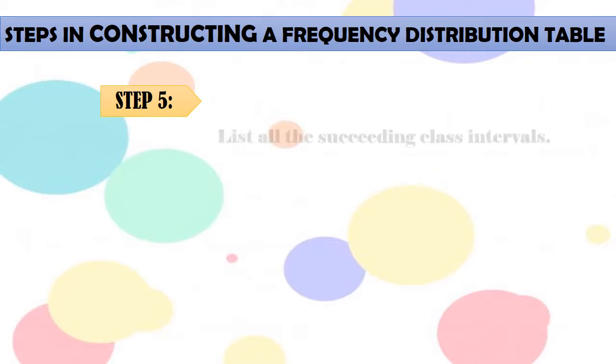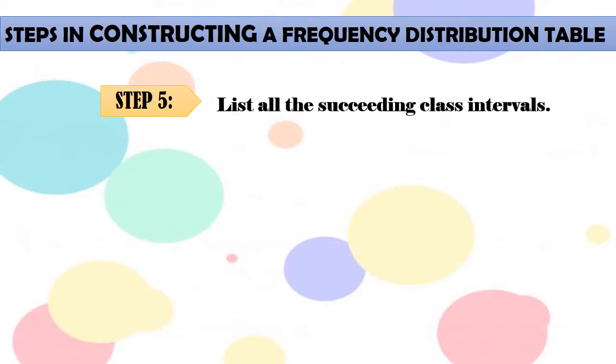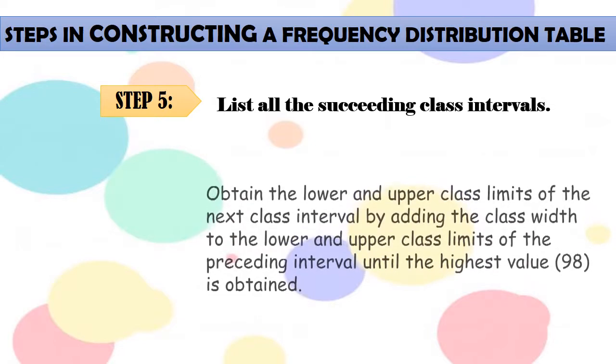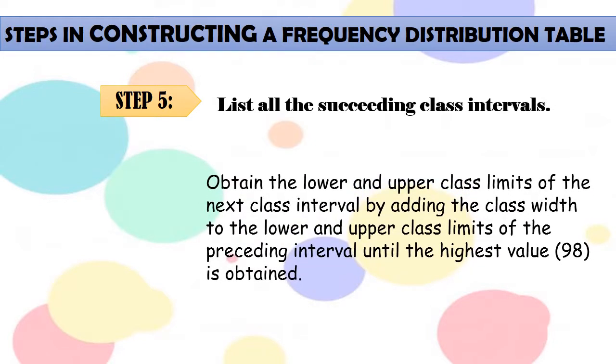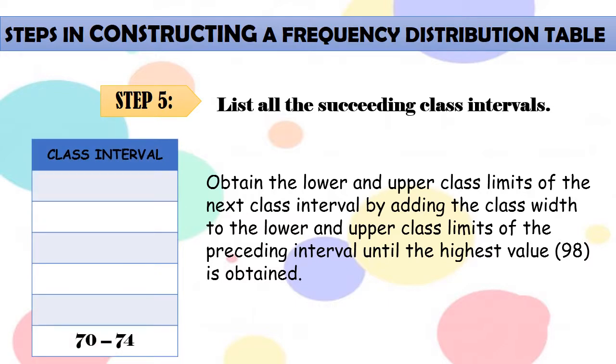Step 5. List all the succeeding class intervals. Obtaining the lower and upper class limit of the next class interval is done by adding the class width to the lower and upper class limit of the preceding interval until the highest value, 98, is obtained. So in our table, we already have the first class interval, which is 70 to 74.